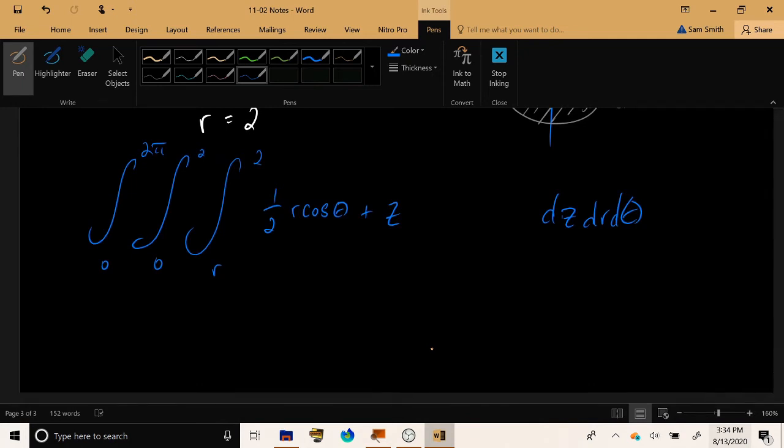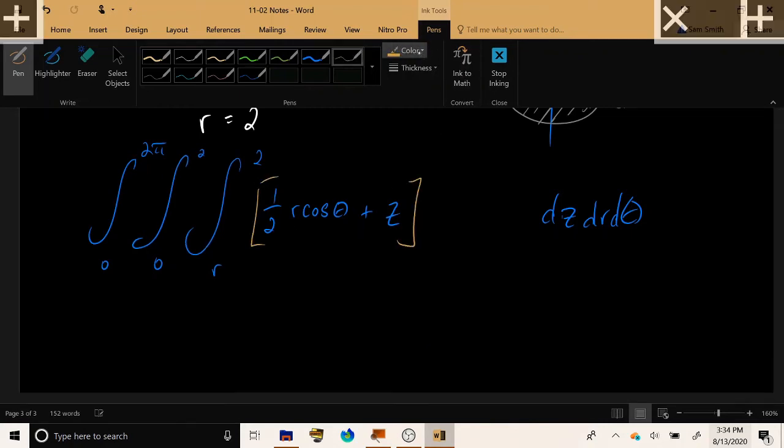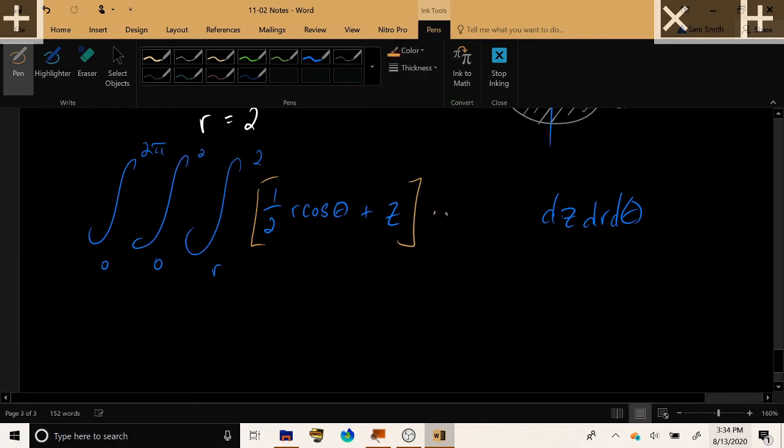Now something is missing from what I have written here, and that of course is the extra factor of r that we have to include any time we're doing either cylindrical or polar integration. Cylindrical for 3D, polar for 2D.